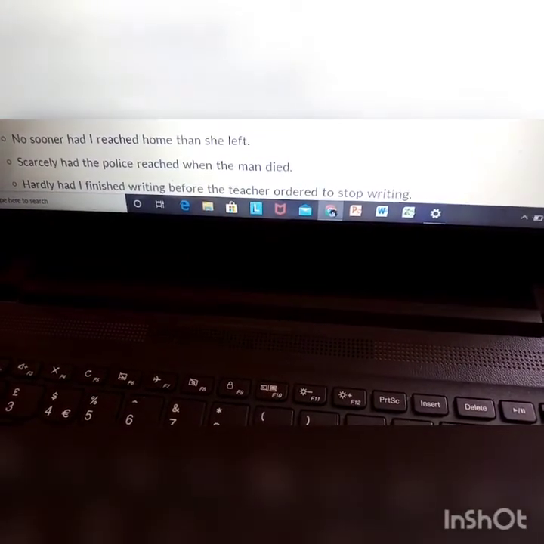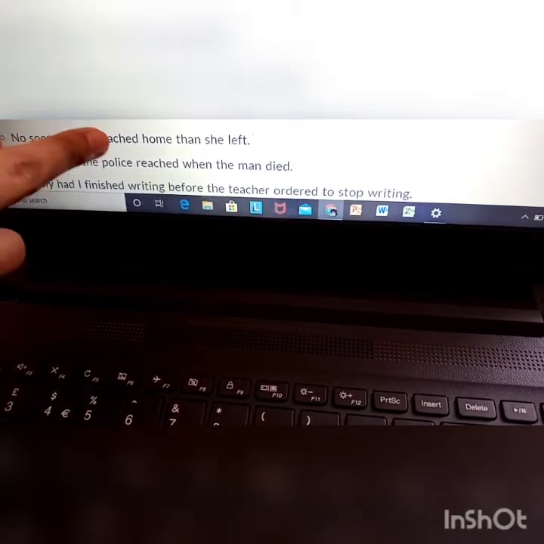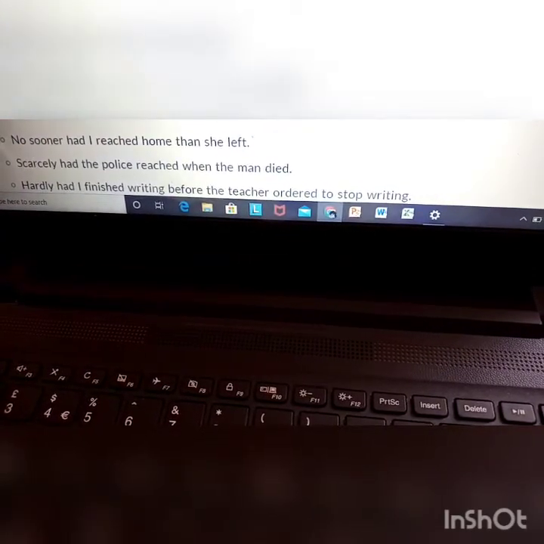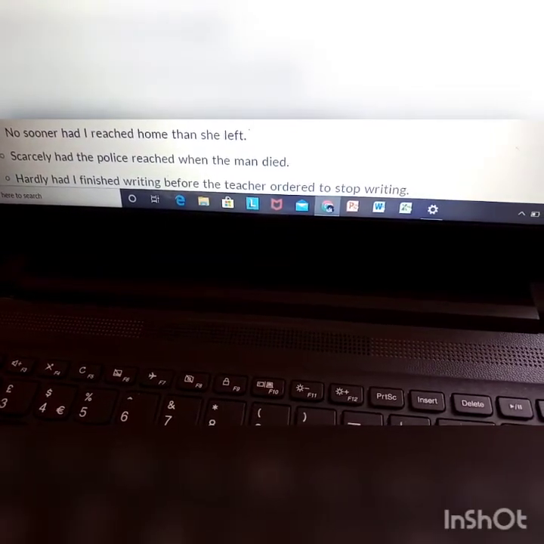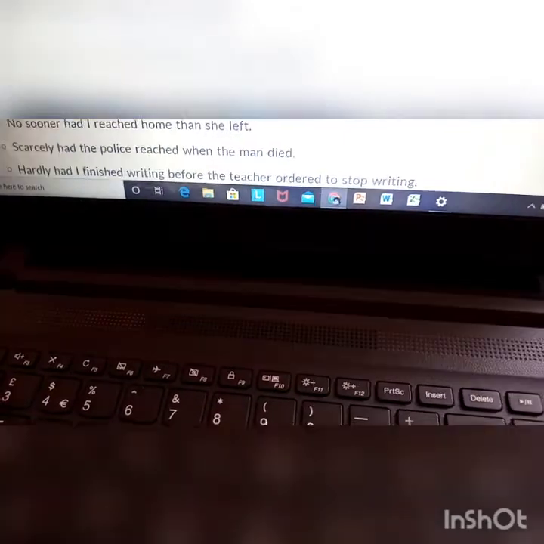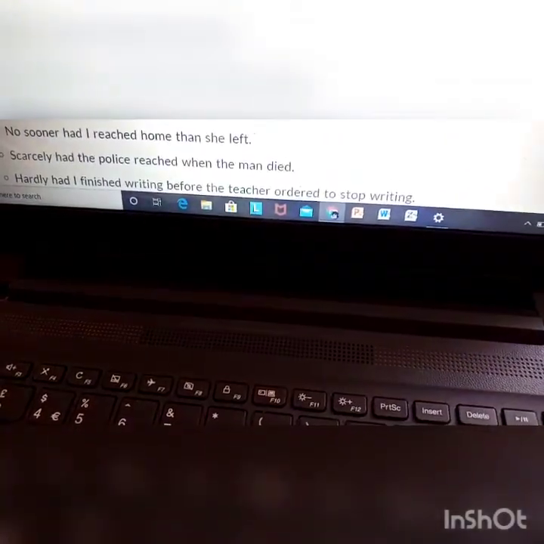After no sooner had, we can see the use of the past participle form of the verb, and the next half is in past indefinite tense. So you can see one thing, had.